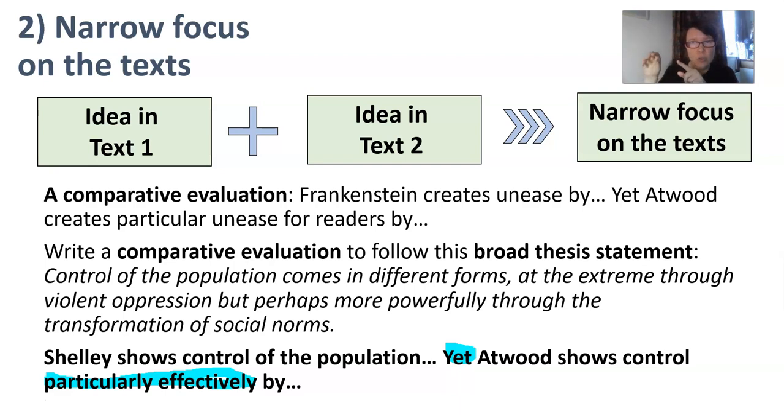Because obviously you can talk about violent oppression, and you could talk about that in The Handmaid's Tale, but you could also say, this kind of transformation of social norms. There is in Frankenstein, the people in Frankenstein feel like everything that's happening in their text is completely normal, and that in itself is very worrying. So Shelley shows control of the population by, yet Atwood shows control particularly effectively by. And so you're just drawing out one that's slightly stronger.